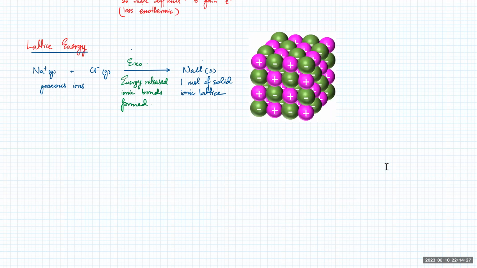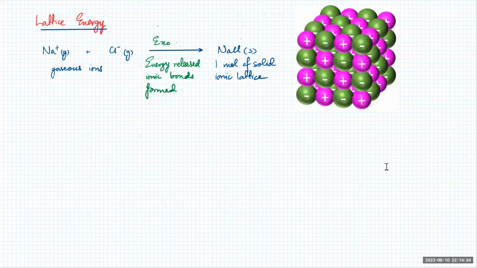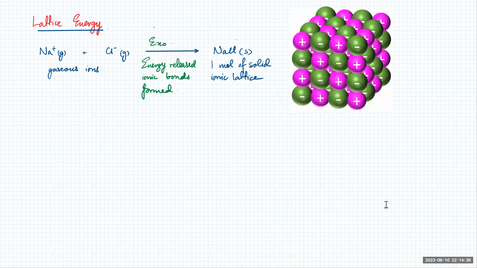There are gaseous ions flying around and they form an ionic bond, they get attracted to each other, and that's your ionic lattice. So the definition for this, is this part clear? Yep.